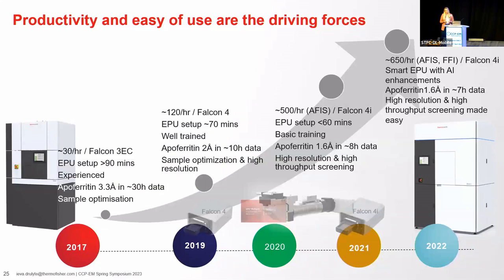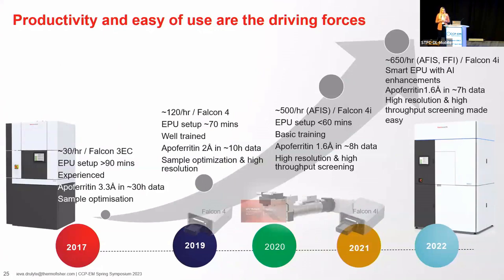When I joined Thermo Fisher in 2018, we had the very first Glacios that was ever manufactured, installed in the nanopod. And that was the first microscope that I was using in my new job, collecting data at 24, 25 images per hour. And we really needed to try hard to go close to 3 angstroms on apoferritin.